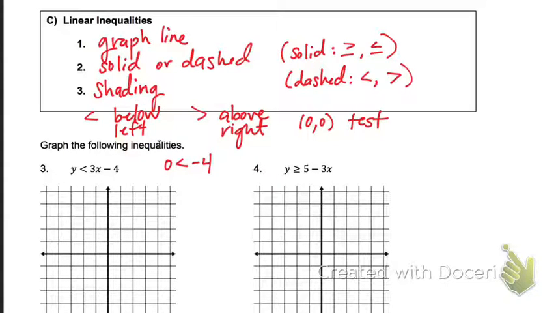Is that a true or false statement? False. So that means I am not going to shade, so you don't shade at 0, 0. You shade away from it.